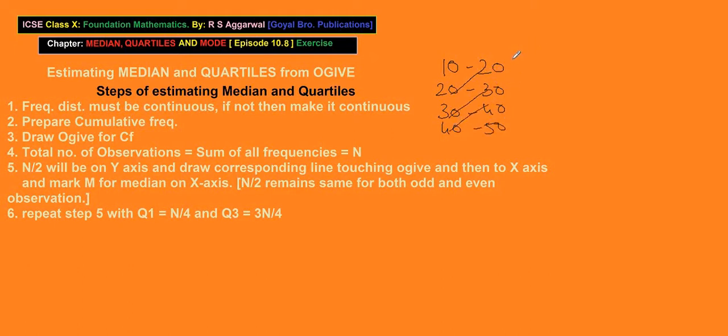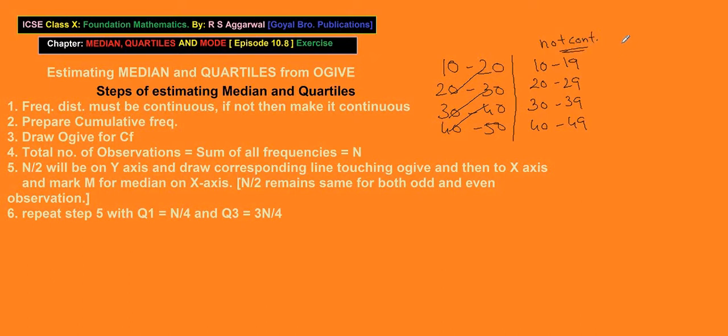But suppose it is like this, 10-19, 20-29, 30-39, 40-49, it is not continuous. So you have to make it continuous.